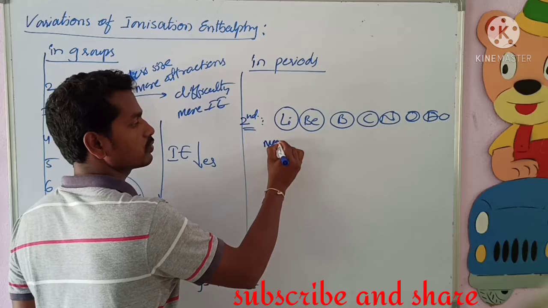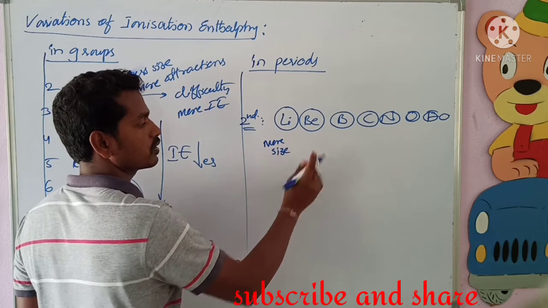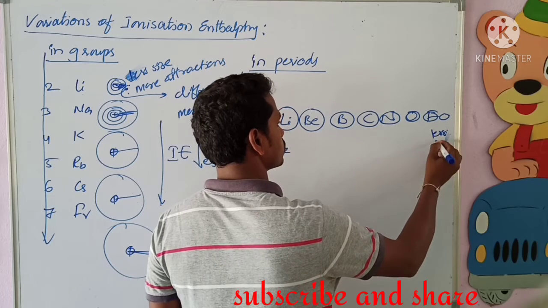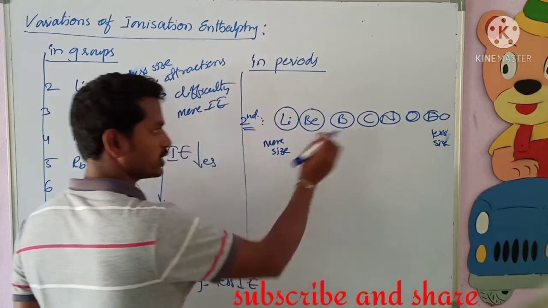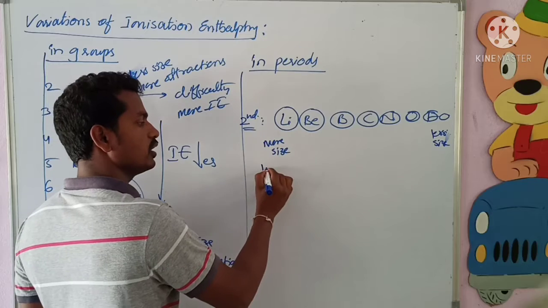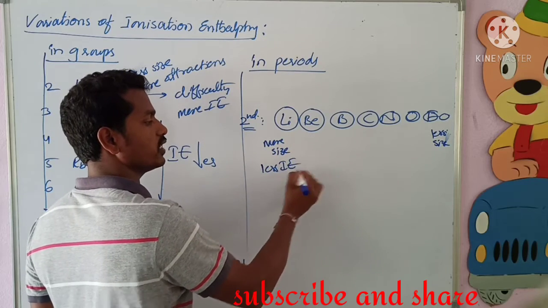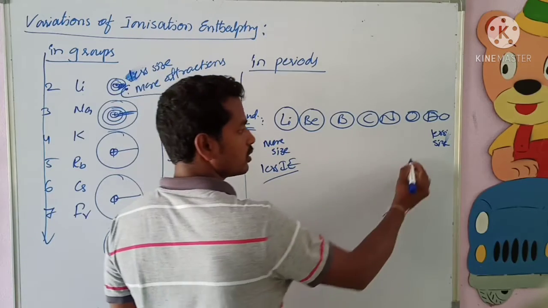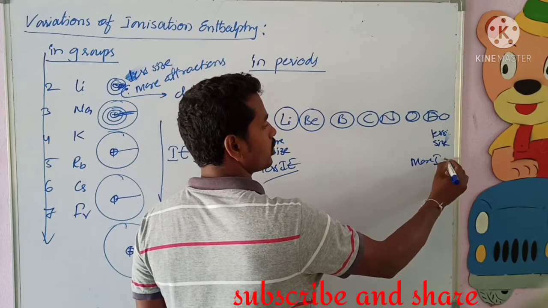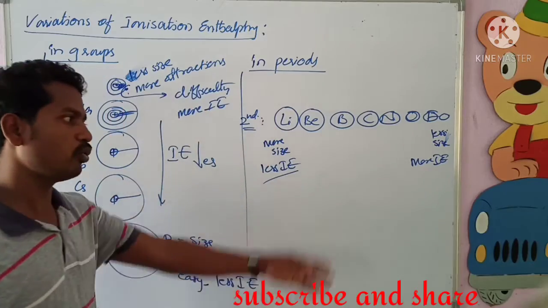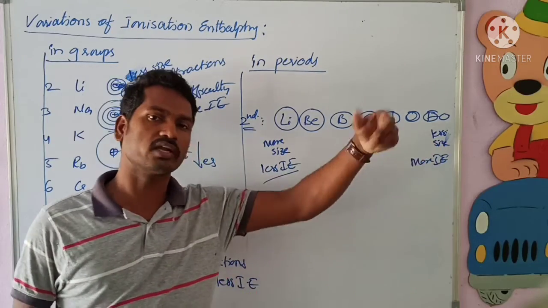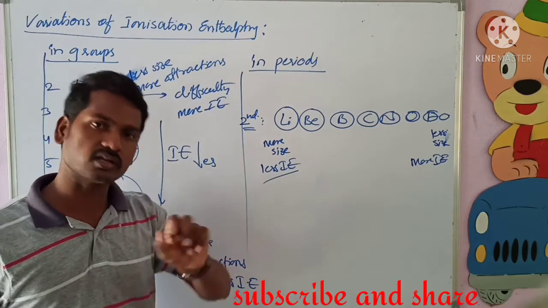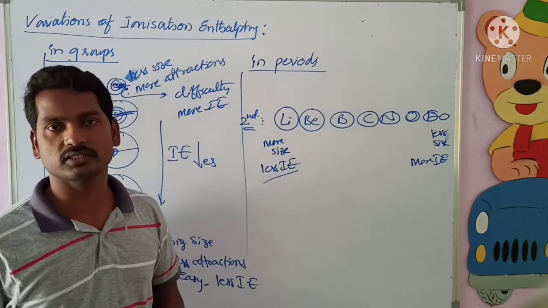More size, less size. More size means less ionization energy because of less attraction forces. Here, more ionization energy because of less size and more attraction forces. Here, more size, less attraction forces, less ionization energy.